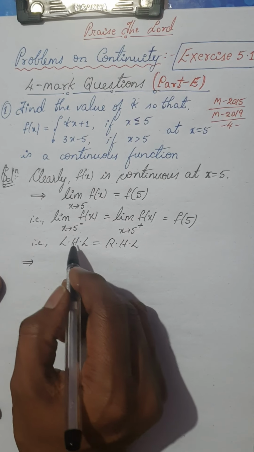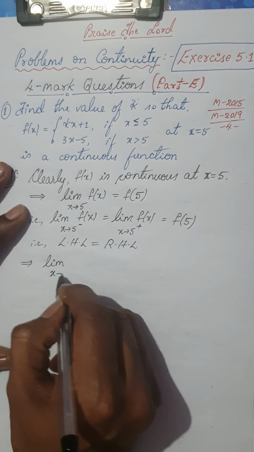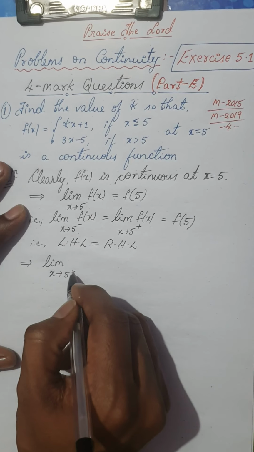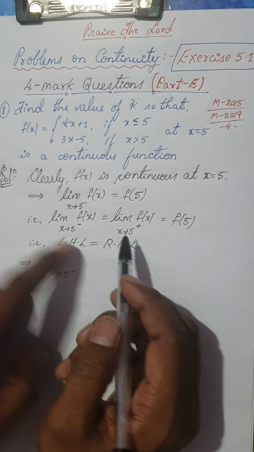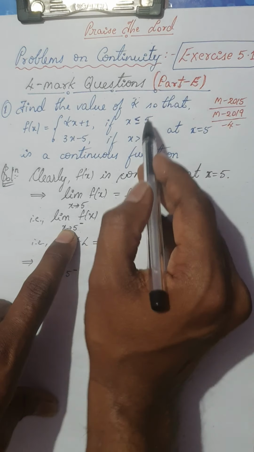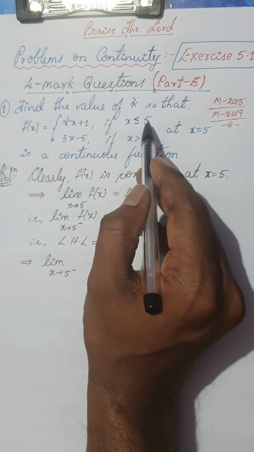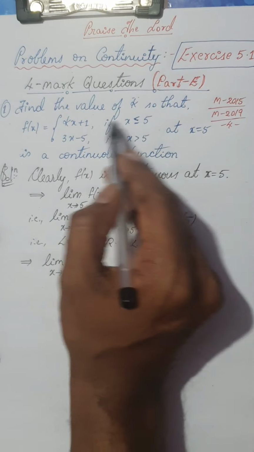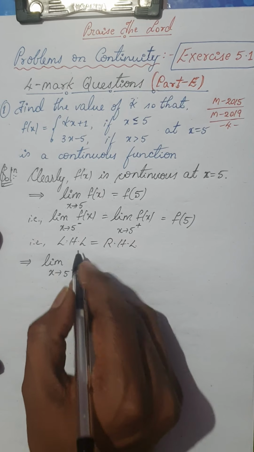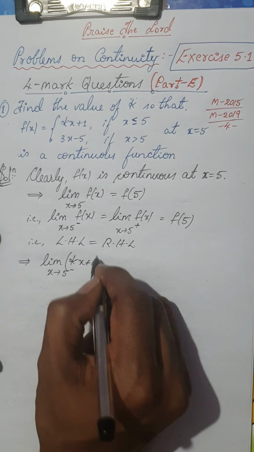Now what is my left hand limit? Limit as x tends to 5 from the left hand side. From the left hand side, you always take x less than or equal to 5, so what is the function? The function is kx plus 1.